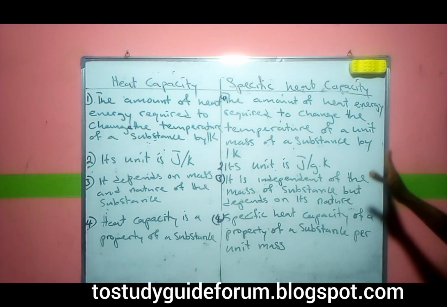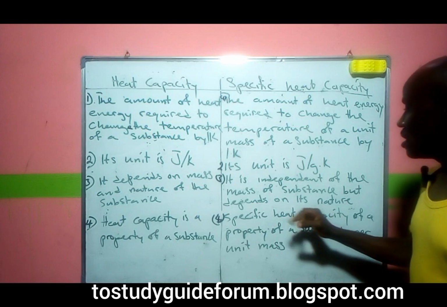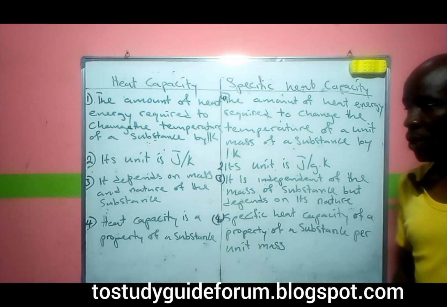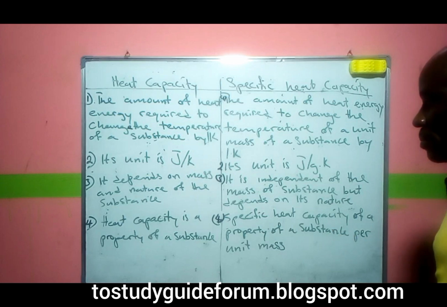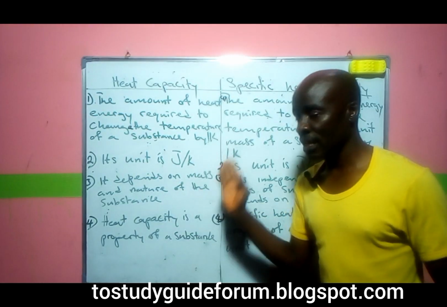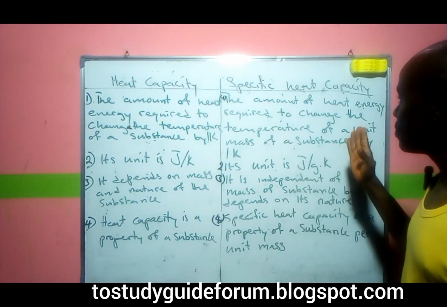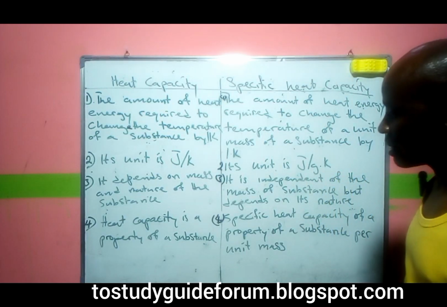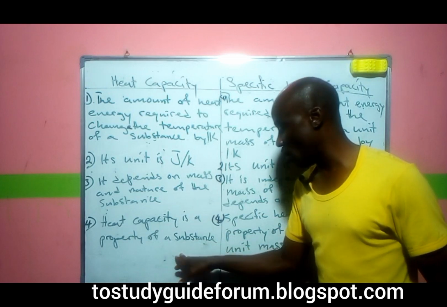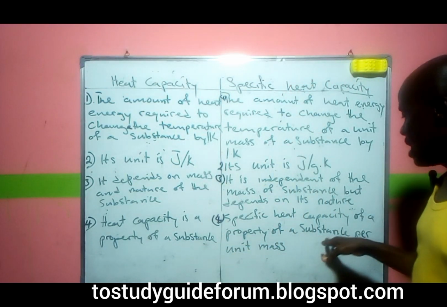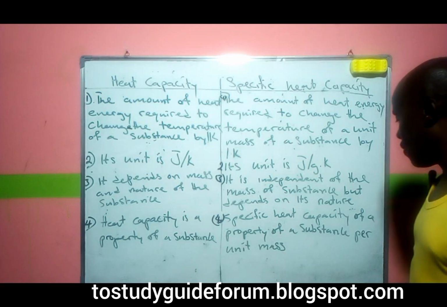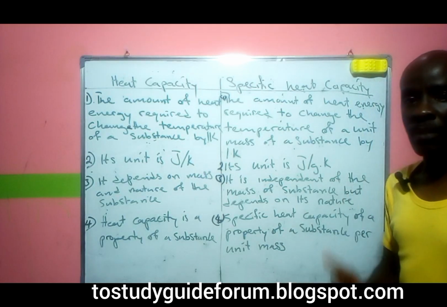While the specific heat capacity is independent of the mass but depends on the nature of the substance. Heat capacity depends on the mass and the nature of the substance, while specific heat capacity depends only on the nature of the substance. Heat capacity is a property of a substance, while specific heat capacity is a property of a substance per unit mass.